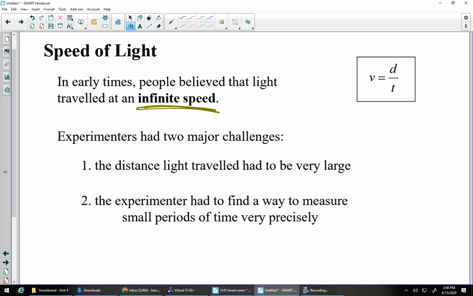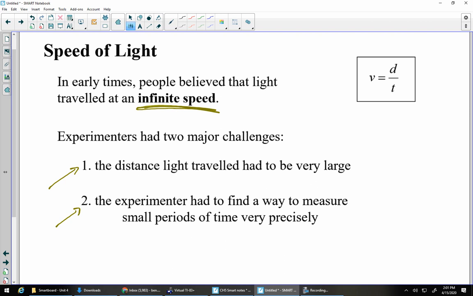We've got two big challenges when we're trying to figure out the speed of light. One, it travels really fast, so you probably need really large distances. And two, you need to be able to measure the times very accurately. So small periods of time measured very precisely.